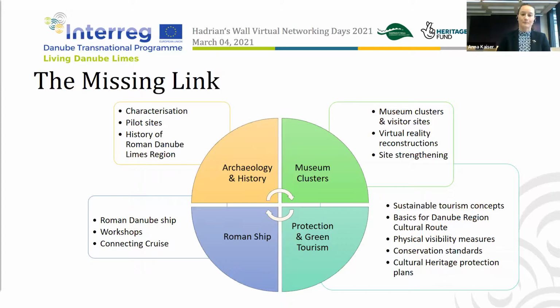And that's the function we've chosen for the reconstructed ship in our project. It's a communication tool. It's an outreach tool. It's the tool that's meant to make the project, and especially Roman history and the Roman history on the Danube, tangible for everyone interested in it today.